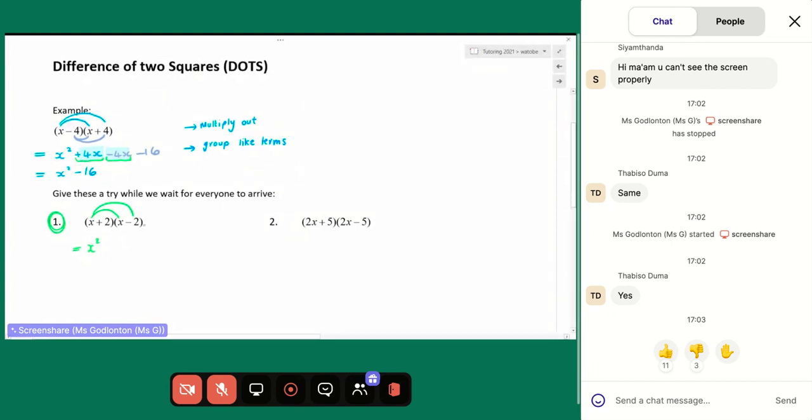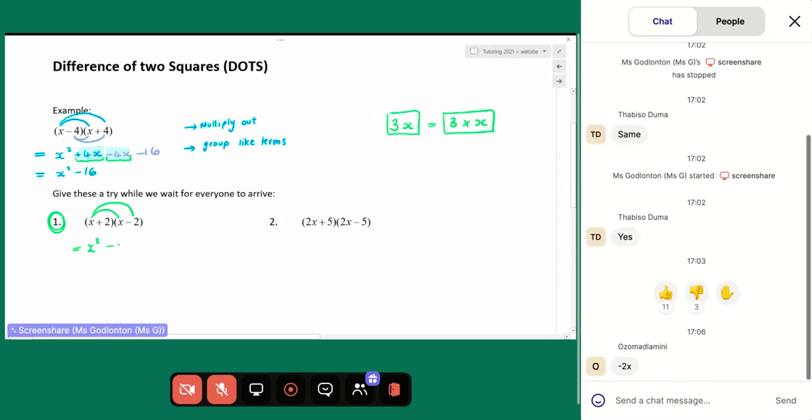When we multiply a number with a variable, like if I have 3x, that means 3 times x. That's what it means if I have a number right next to a variable. So if I'm multiplying -2 and x, it becomes -2x. And if I'm multiplying 2 and x together, I get positive 2x, and 2 times -2 gives me -4.